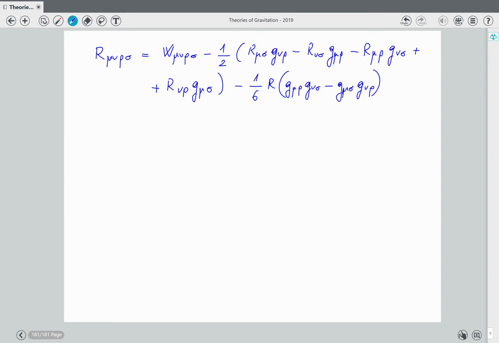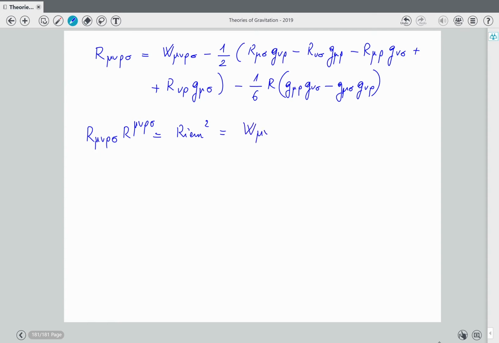The square of that, we will write it simply like that. That is the square of the Weil tensor.